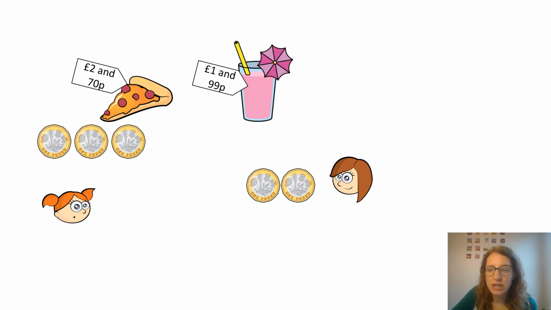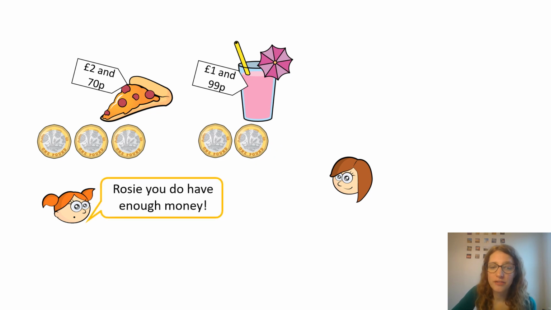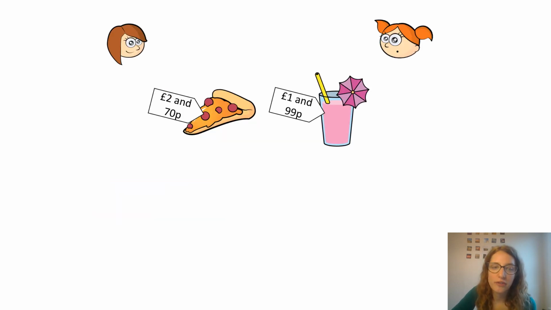And £1.99, is it nearer to £1 or to £2? It might help to convert it into pennies. So 199, is that nearer to £1 or £2? The £2. So she does have enough. She'll get some change back, but don't worry about that at the moment.